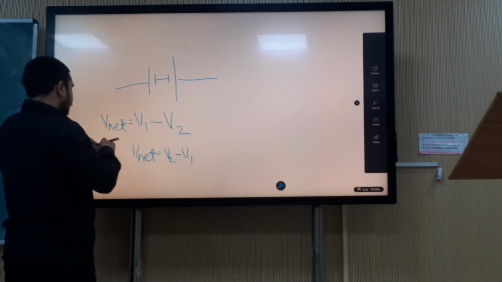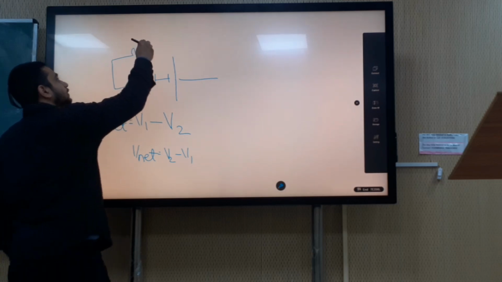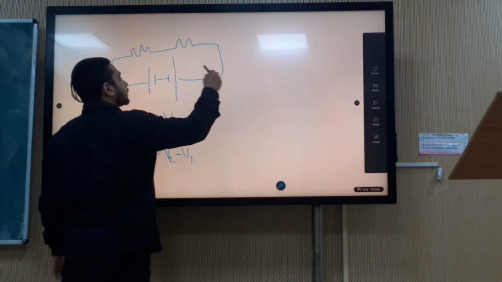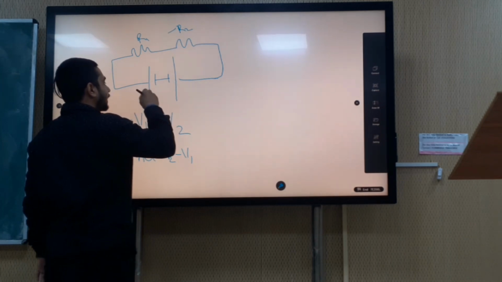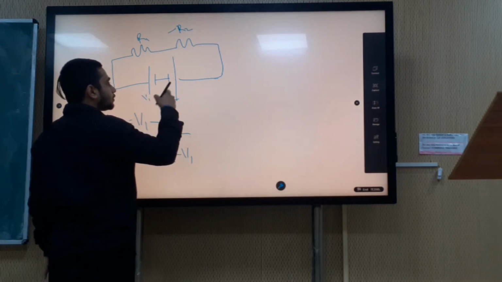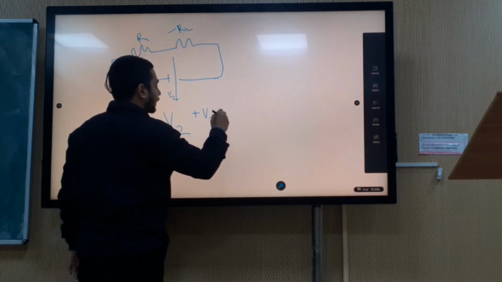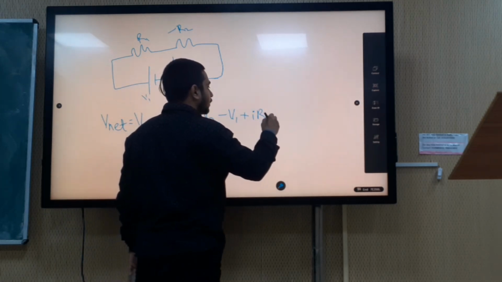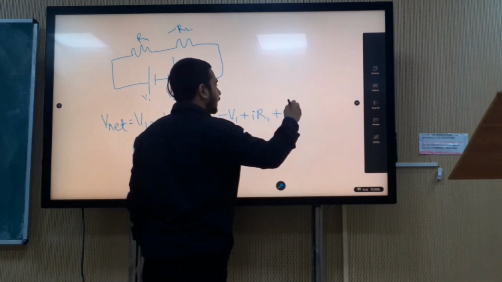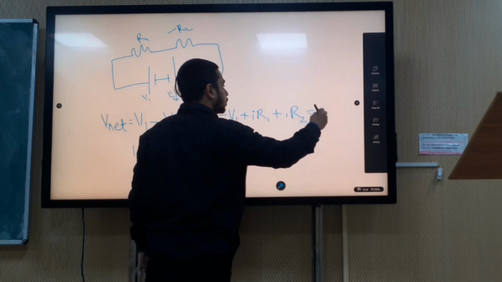Suppose this is connected like this to two resistances, R1 and R2. How will we write the equation? Plus V2 minus V1 plus IR1 plus IR2 equal to 0.